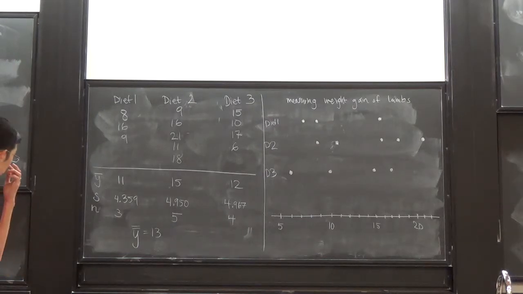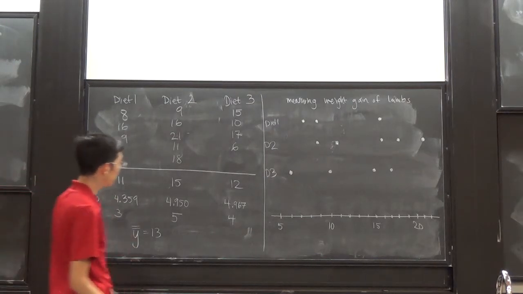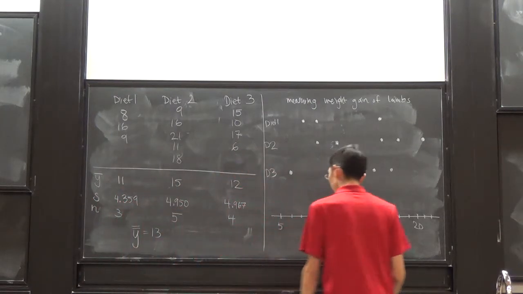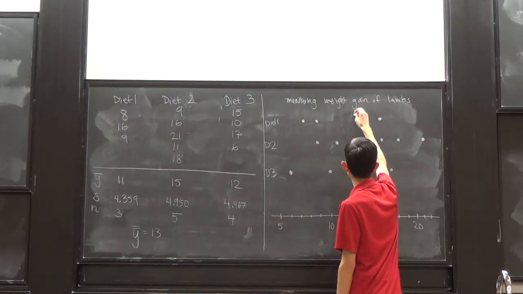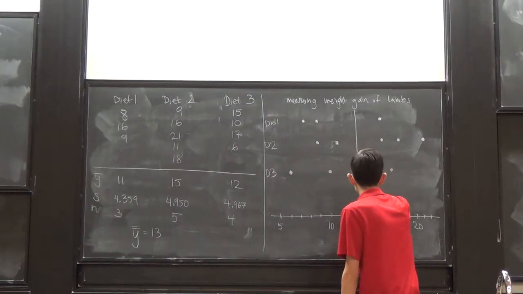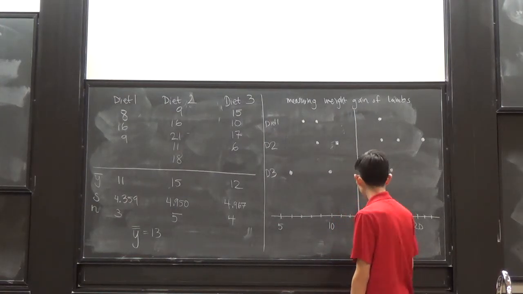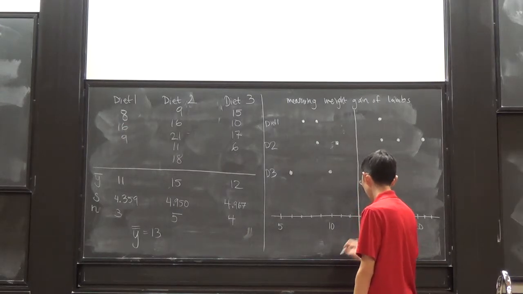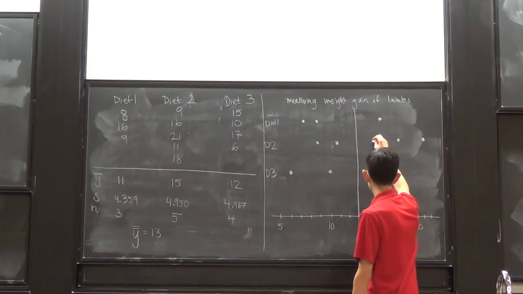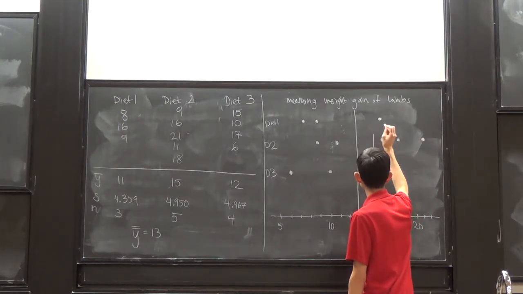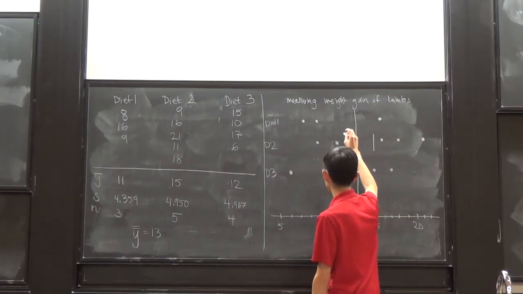And let me also draw where the mean of each group is and the grand mean. So this line represents the grand mean, and the smaller line is the mean of each group.